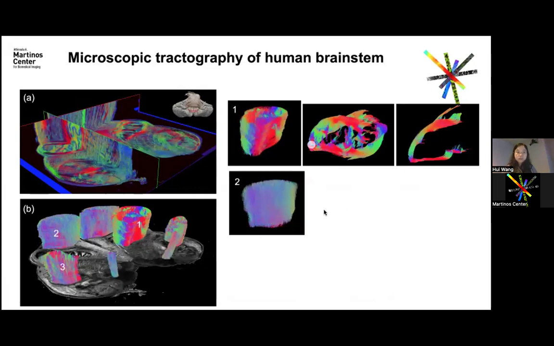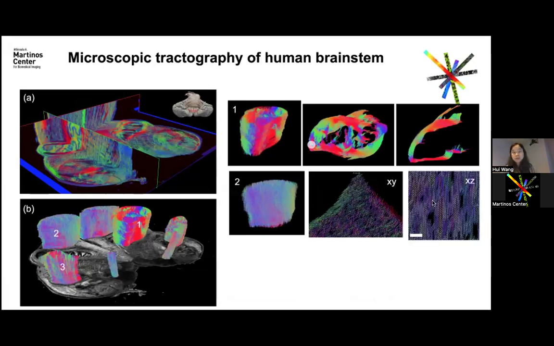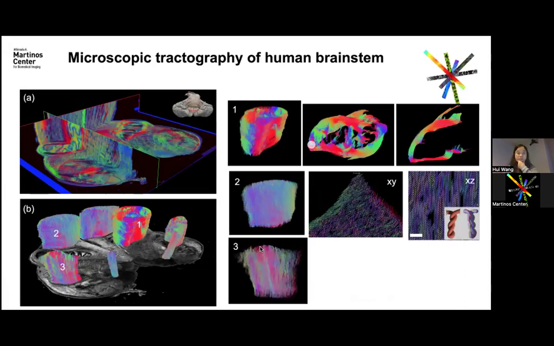And the other thing is this is the pyramid that goes mostly through the axial plane, up and down. And on the XY, you're seeing the axial plane, they are crossing, interweaving with a small angle. And in the XZ, you look at the longitudinal direction, you see the fibers twisting or interweaving with a small angle.